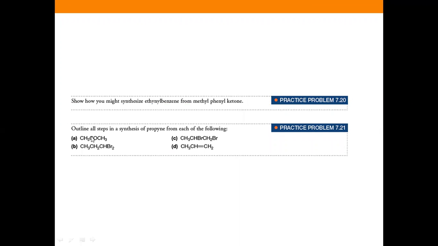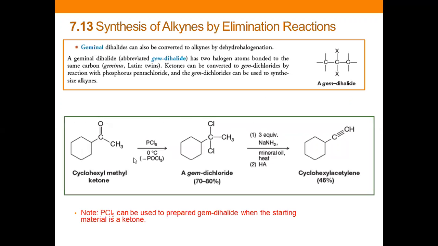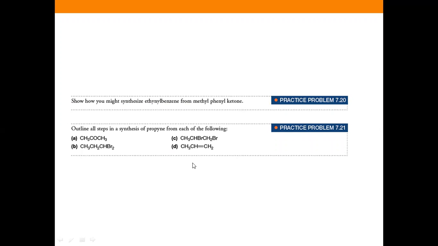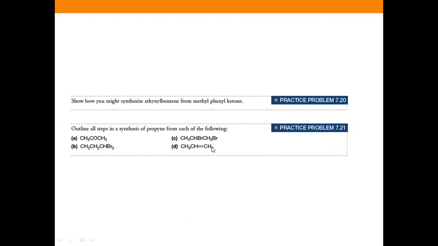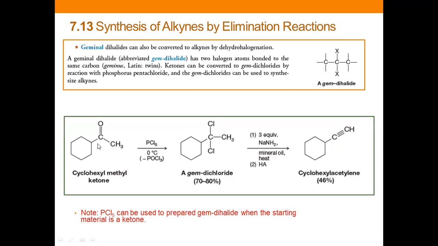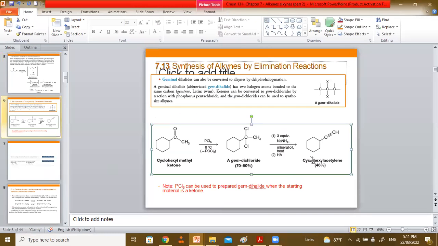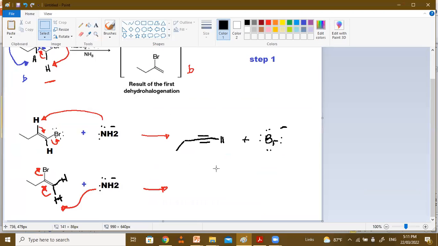And since we're starting with the ketone, we already know that we need to convert this one into the geminal dichloride. You can convert this one, and from that, you can proceed with this reaction. So how did this reaction occur? Just in case you are curious, you can go back here.